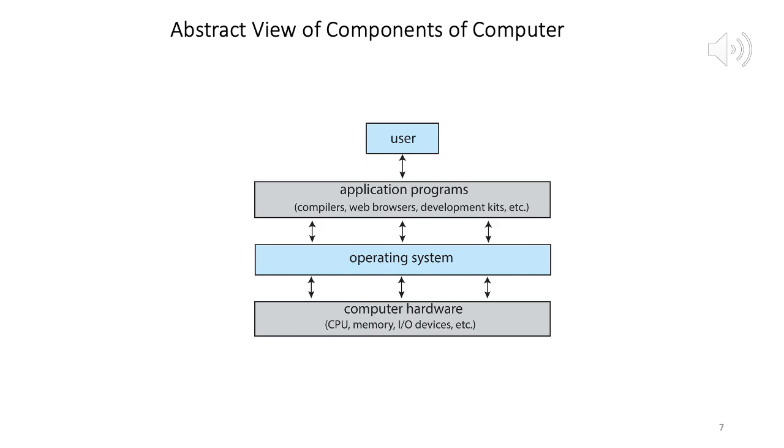Okay. So there are many ways in which one layer can interact with the other, right? So generally, one way is using system calls, message passing, and so on. So we will be discussing all of these later. Okay. So this is an abstract view of various components of a computer system. So I hope it's clear.